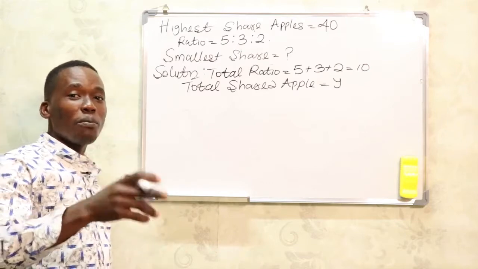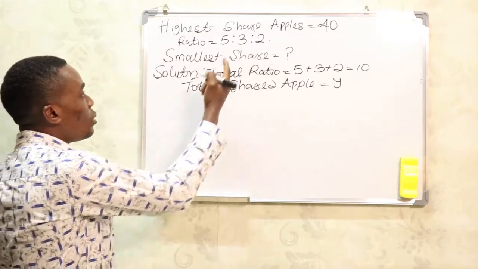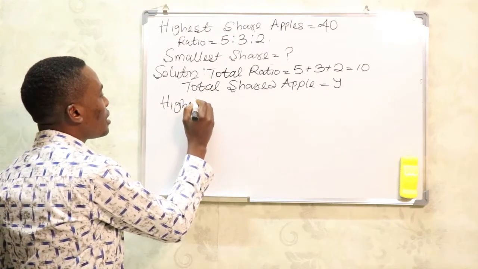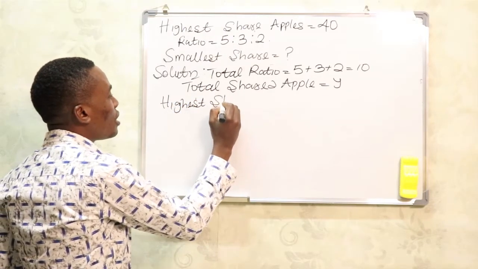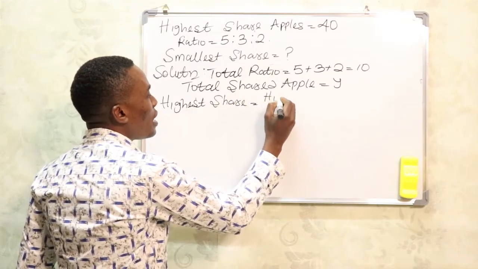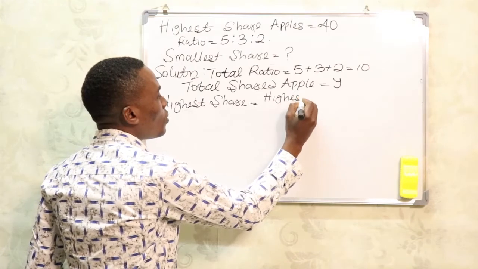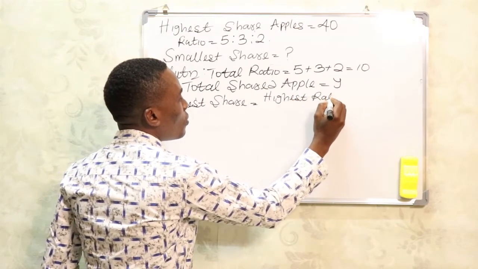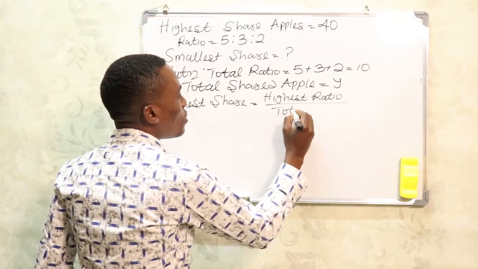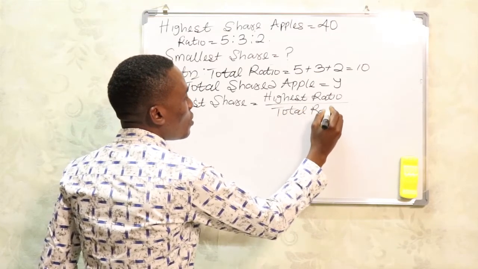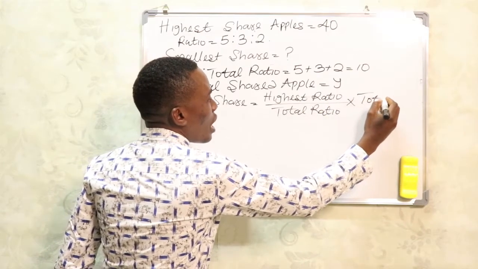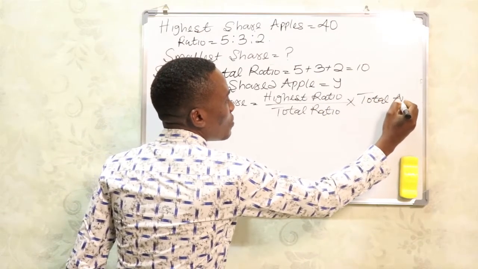Now remember key point 4. I told you that if you are looking for the highest share of apple, the highest share will be equal to the highest ratio all over the total ratio multiplied by the total apples shared.